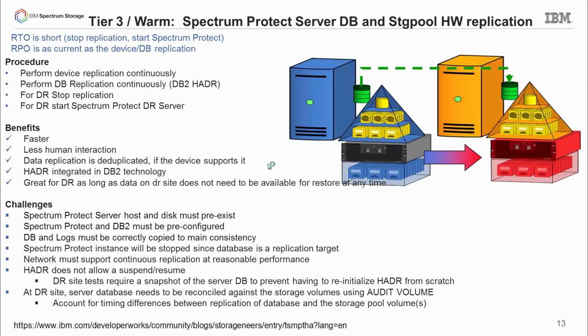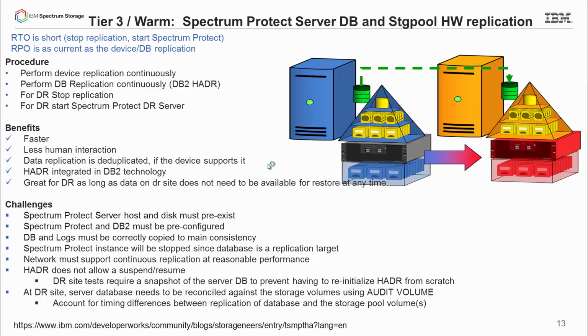If there is a disaster, then you'll stop your primary server, so that replication is no longer occurring. Then on the DR site, you'll start the Spectrum Protect server, make sure it sees the replicated database and the replicated copies of your storage pool. You'll probably want to run an audit to make sure the database and the volumes are consistent.